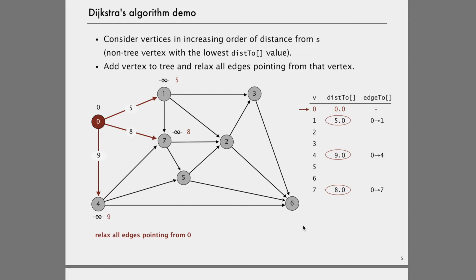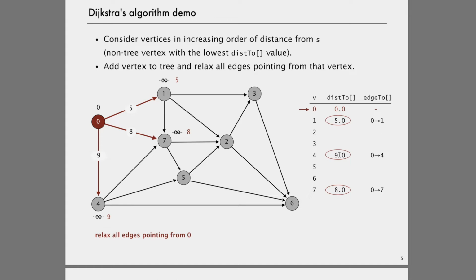Relaxing all the edges pointing from 0, in this case it's just going to update two entries, for 5 and 9. So in this case it says that the shortest path from 0 to 1 is to go along 0, 1, and that's distance 5, and from 0 to 4 it's to go along 0, 4, and that's distance 9, and so on.